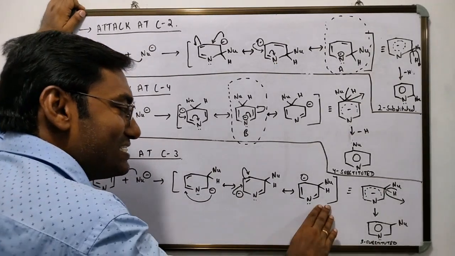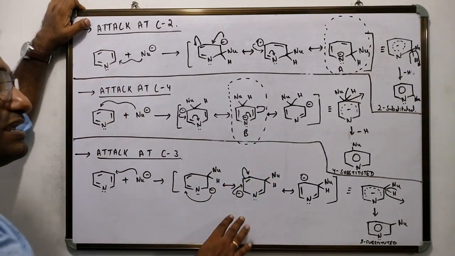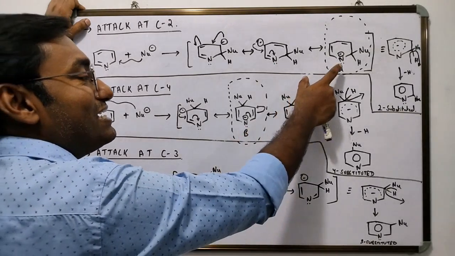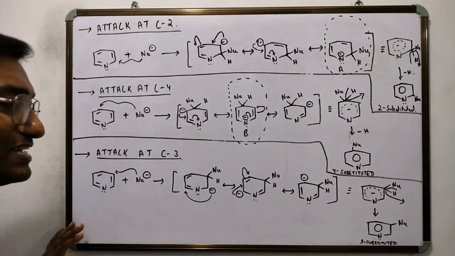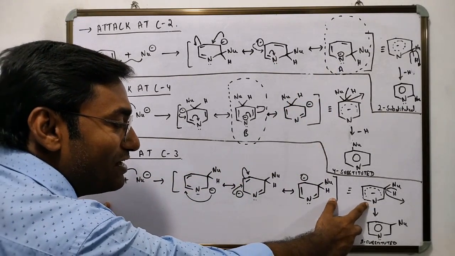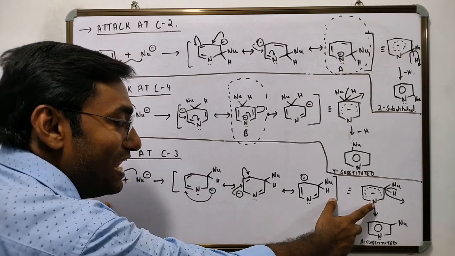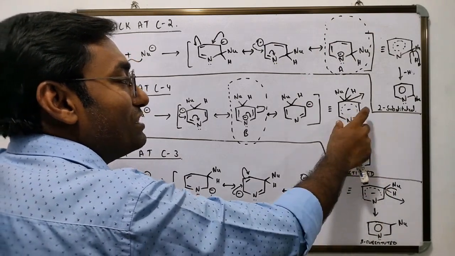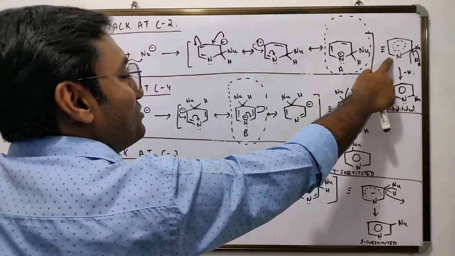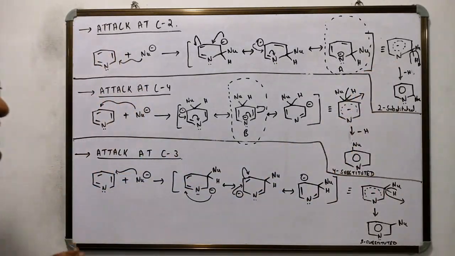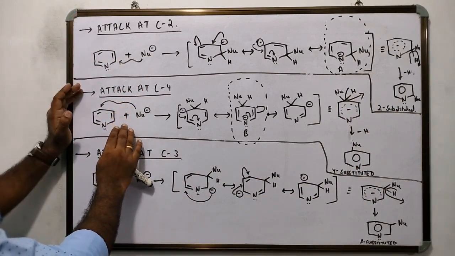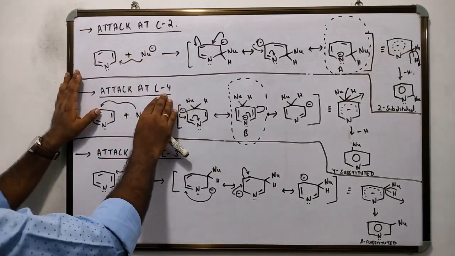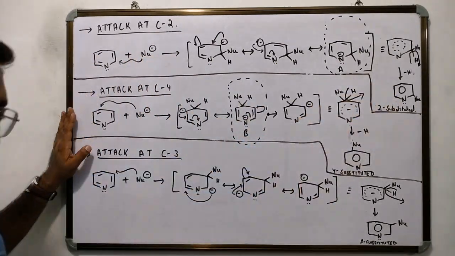This makes these structures relatively less stable compared to the stability of intermediates B and A. And for this reason, the stability of the resonance hybrid in this case is less as compared to attack at C4 and attack at C2. This is the reason that attack at C2 and attack at C4 is preferred, and it is always the C2 and the C4 product that predominates.